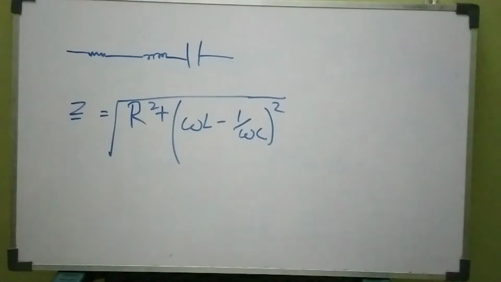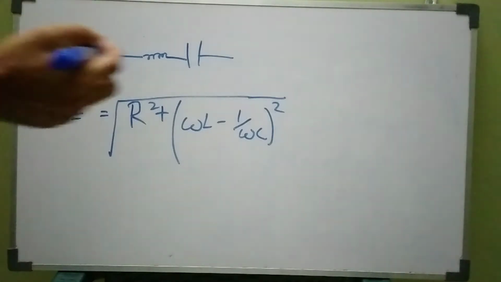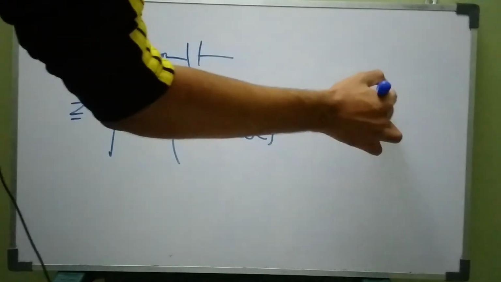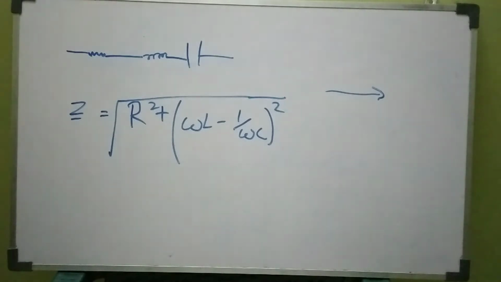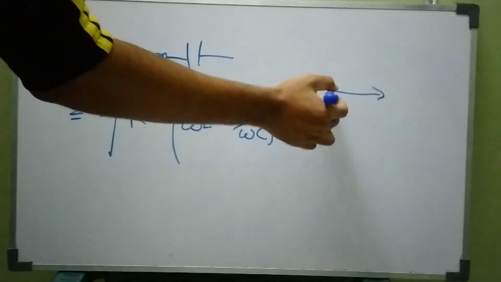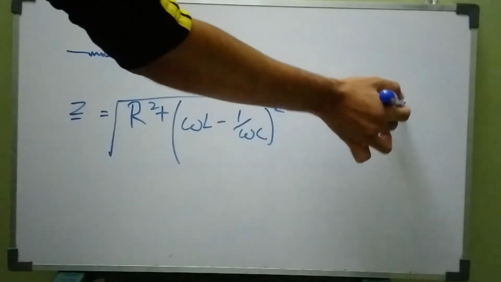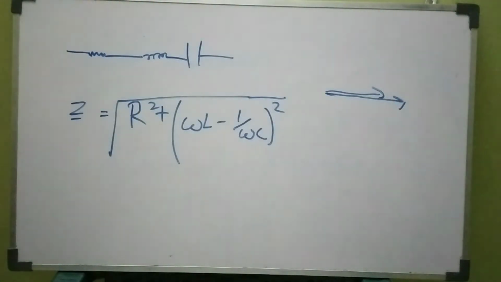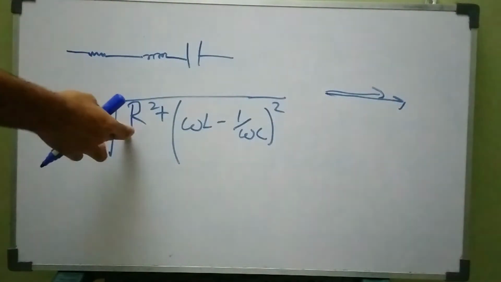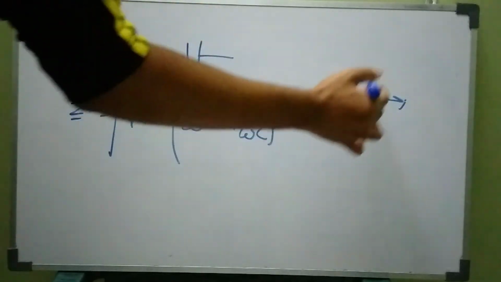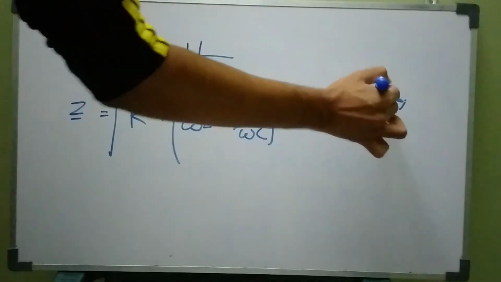But it's not a big deal, because if there is a series circuit, we normally consider the current I as the reference line. So the voltage would be like this. Also in this direction, the impedance of that resistor would be in this direction, so this is equal to ZR.